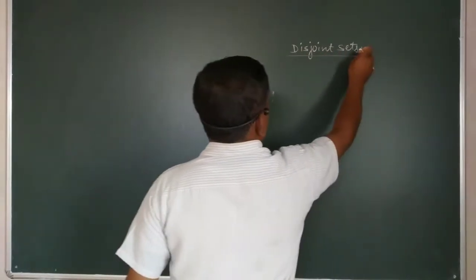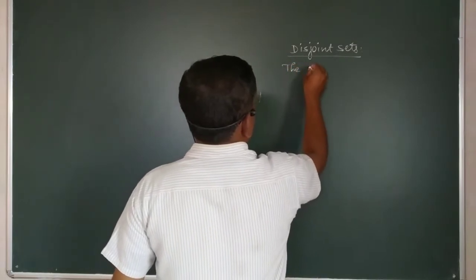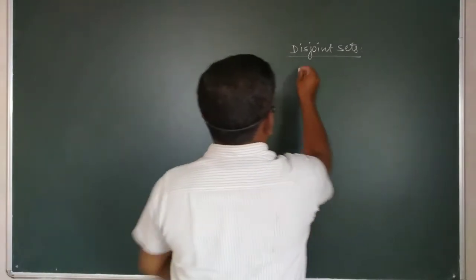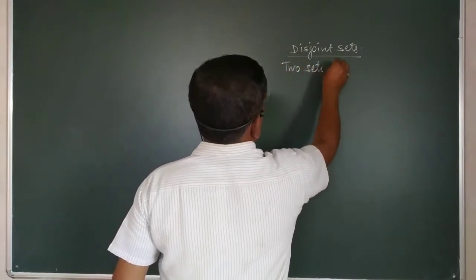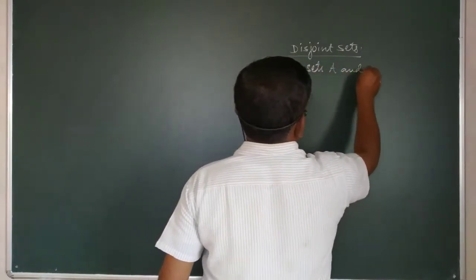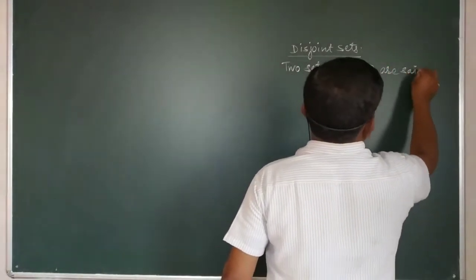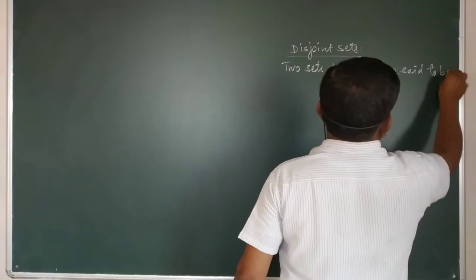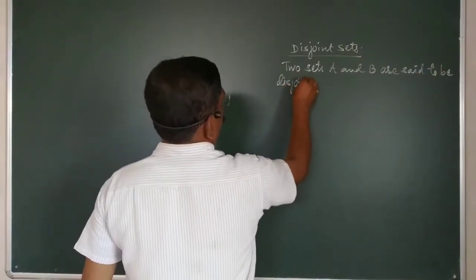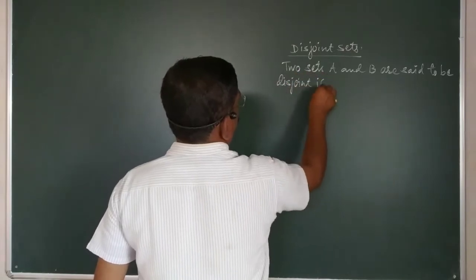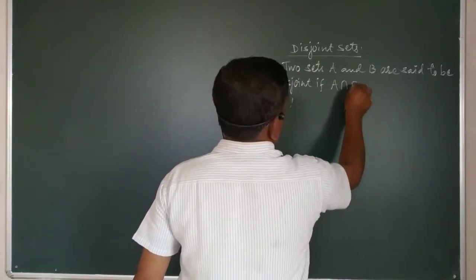Now let us have the definition of it. Two sets A and B are said to be disjoint if their intersection is what?